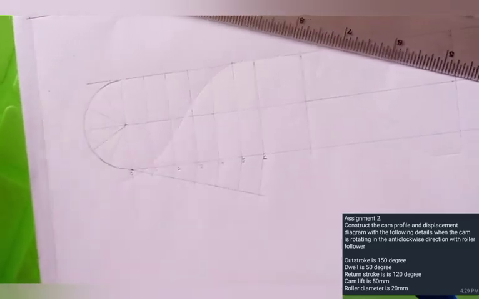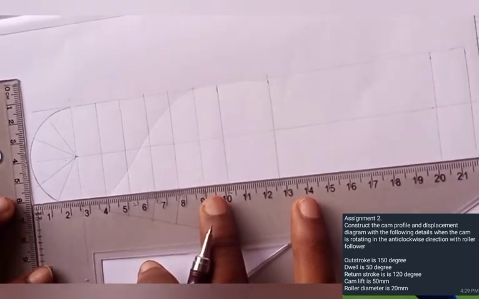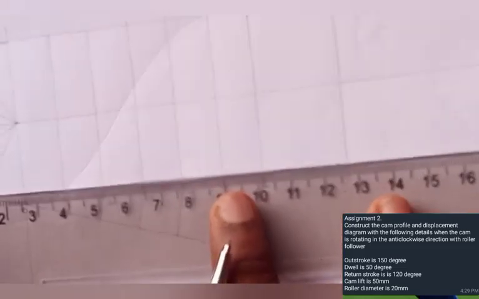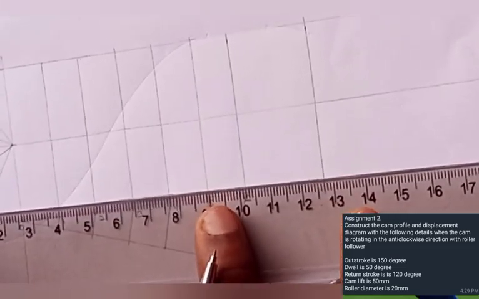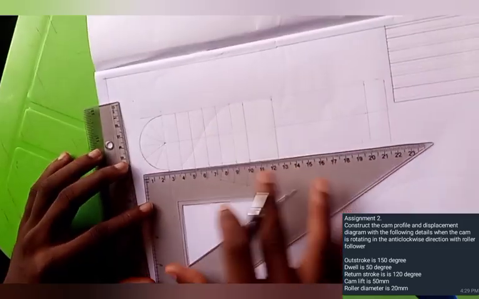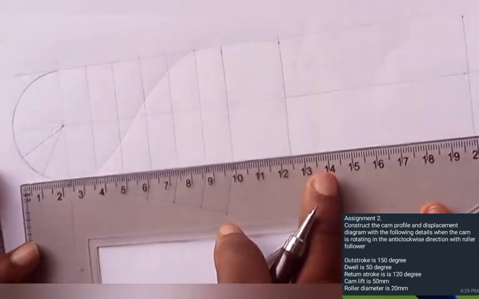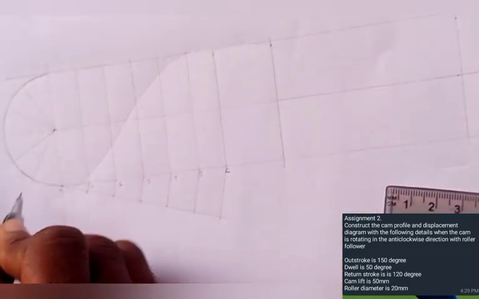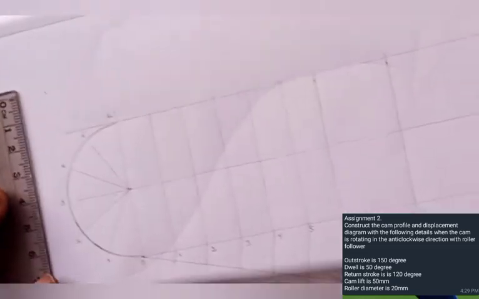And so the next thing we're going to do is you take your ruler. So this is going to be our 1, this is going to be our 2, our 3, our 4, our 5, and this is going to be our 6.